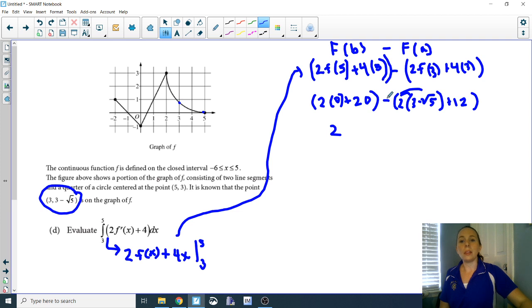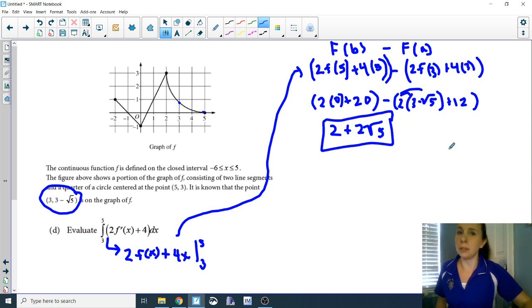And then negative 2 distributed to the negative root 5 is positive. So I did simplify, but if you're worried about time, don't do those little simplifications. Just move on. That's the answer to part D. All done. It just said evaluate, no explanation there. You just do it.